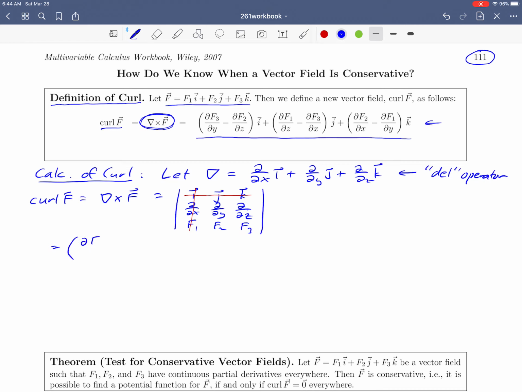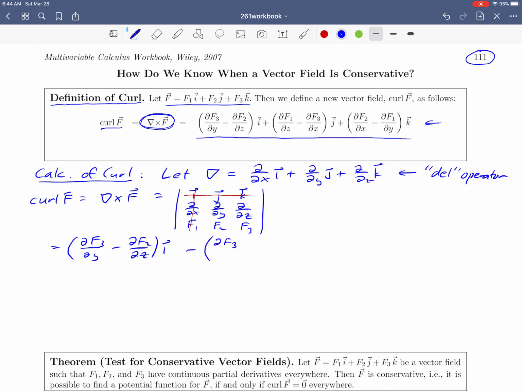We're going to take partial y of f3 minus partial z of f2, and multiply that by i. There's the first part of our determinant.